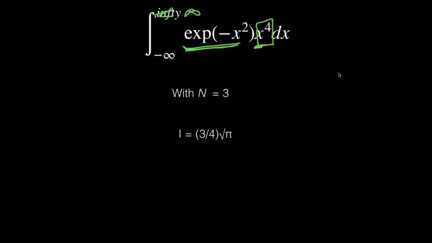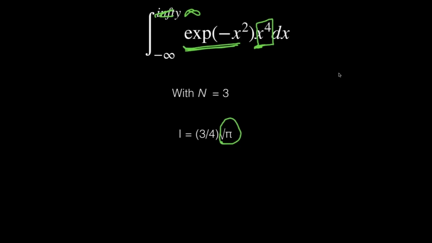Of course, in the computer, it will compute the square root of pi. So you will not exactly get 3 by 4 root pi, but if you get the value of square root pi and check, you will find the answer matching up to 16 digits of precision. The computer will have round-off errors, of course, that we can't avoid. I cannot get the square root of pi exactly with a numerical computer.